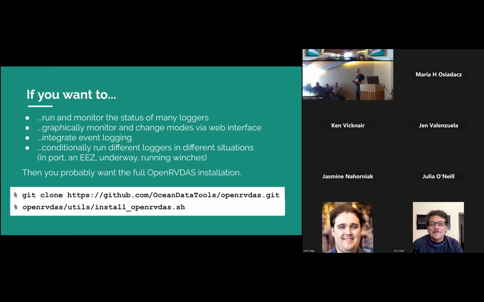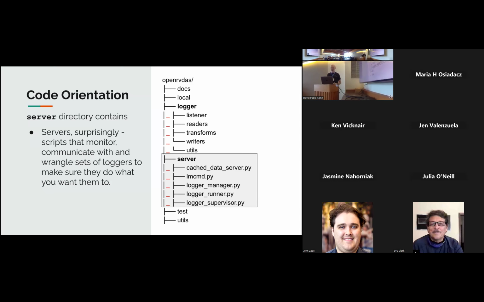Do you want to run the simulator? Do you want this stuff to run on boot up? And then it'll install things and say, happy logging. Mostly the rest of what it's doing is firing up and configuring the servers that are going to keep OpenRVDAS running. And the servers are non-intuitively in a directory called.